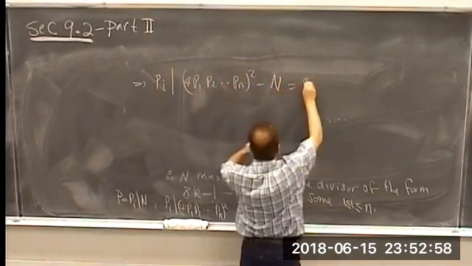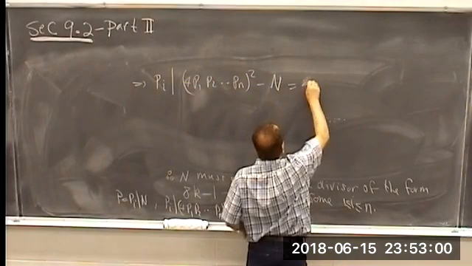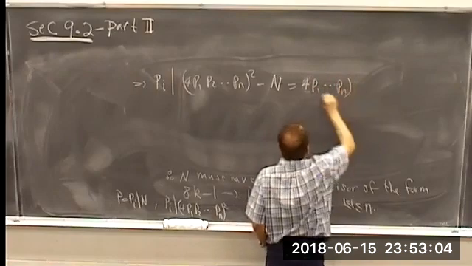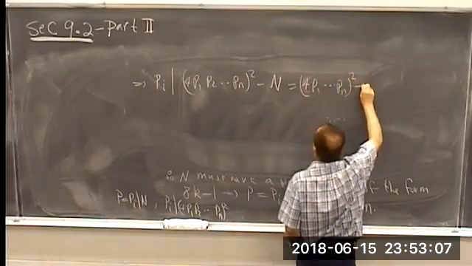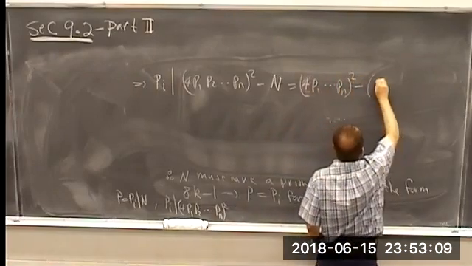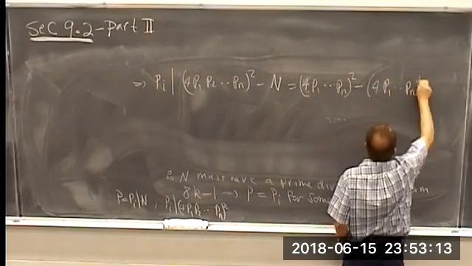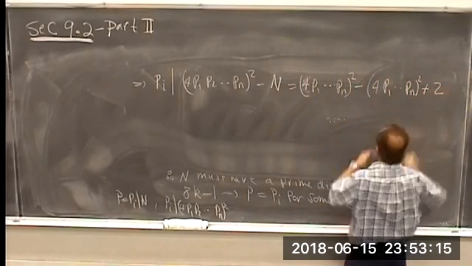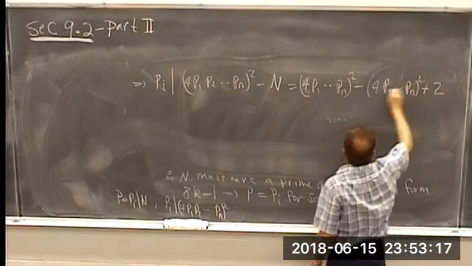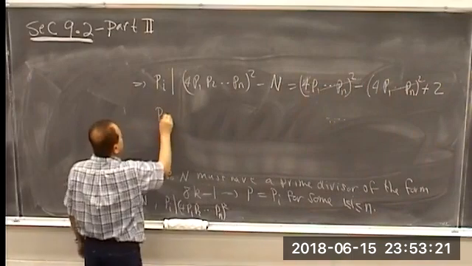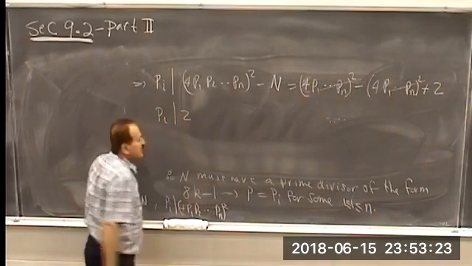And this is equal to 4 P1 up to Pn squared minus the same thing, plus 2, so these cancel out and we get 2. So P sub i divides 2.